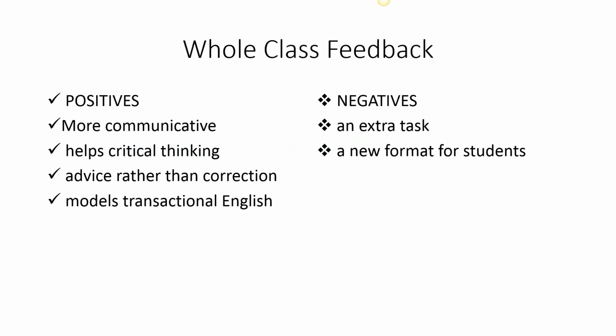It's at the right level. It becomes advice rather than correction. That links with the critical thinking. They have to look at the advice given and decide whether it is relevant to them. And again, it models transactional English, which is something we're trying to factor in a lot more for this course.